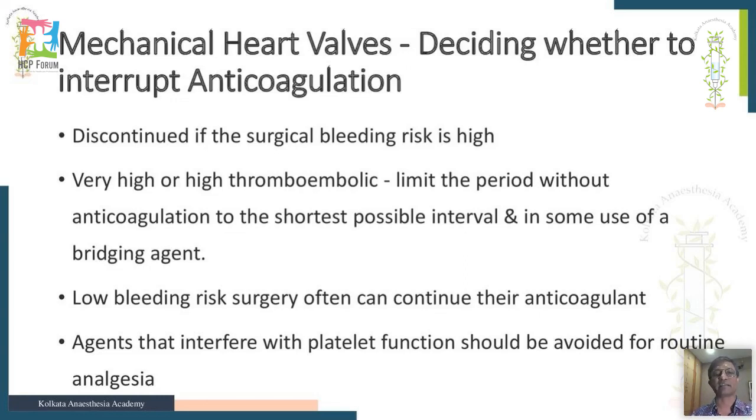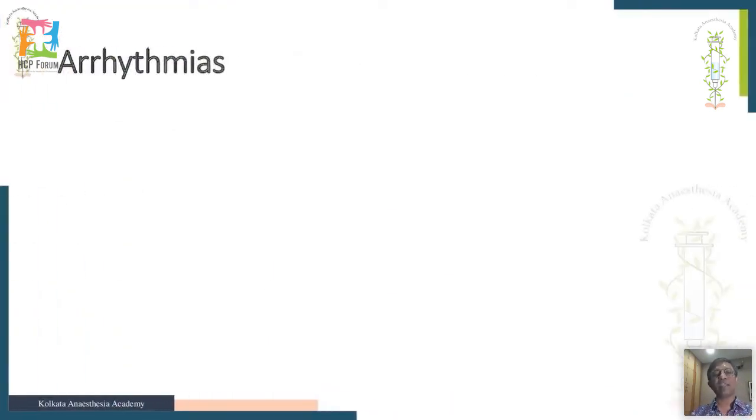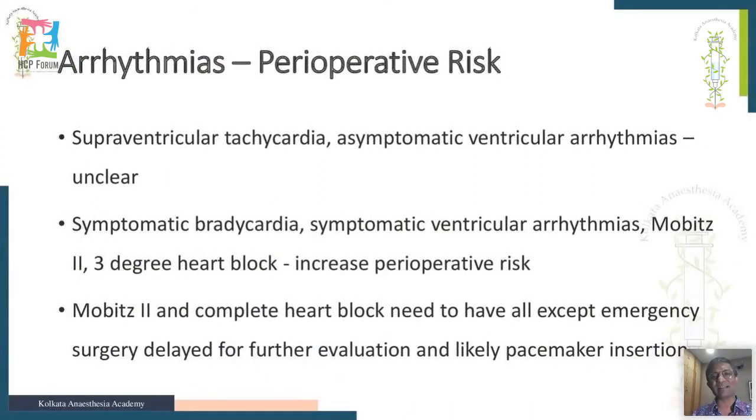Arrhythmias, are all arrhythmias bad? The role of just a supraventricular tachycardia, asymptomatic, even an asymptomatic ventricular arrhythmia, how much you need to intervene is still not known. A symptomatic bradycardia, Mobitz type 2, complete heart blocks definitely need intervention prior to a non-cardiac surgery.